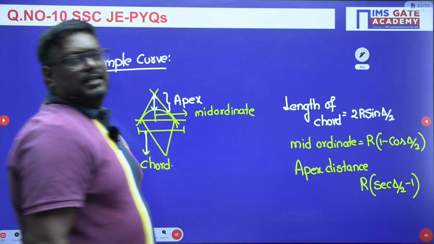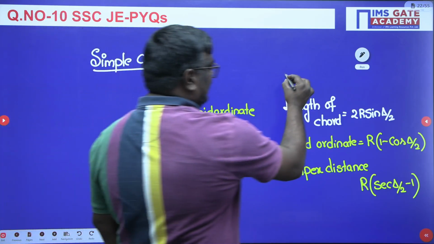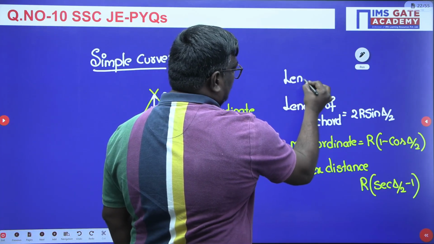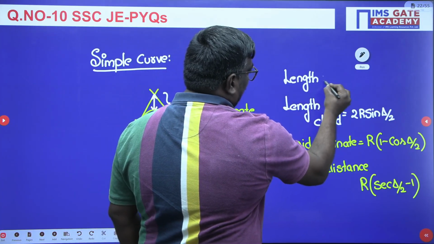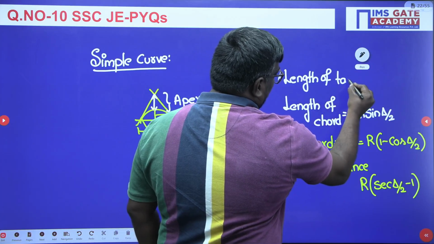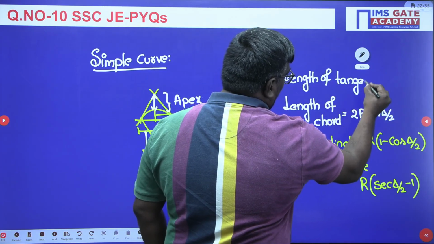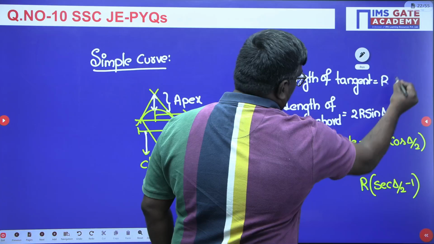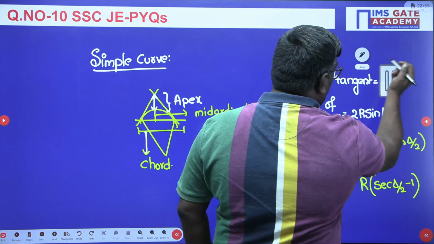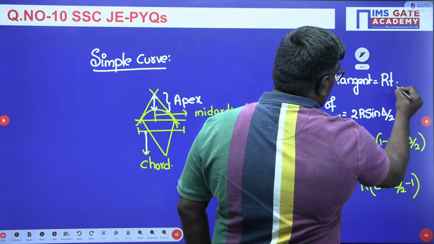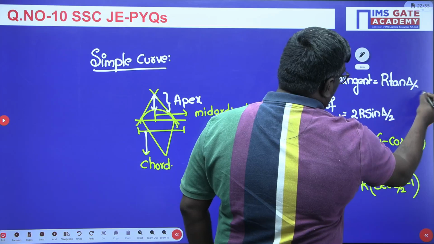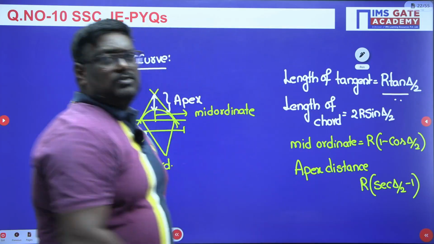And remember my dear students, they can ask you what is the length of the tangent. Length of tangent is given as R tan delta by 2. So all these formulas you should be aware of.